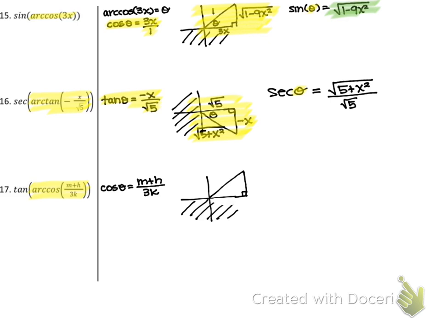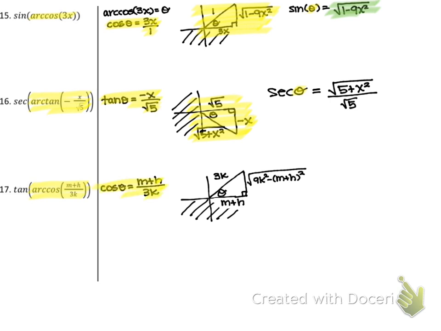So I'm going to put it where cosine's positive. This is the theta I'm creating. It's adjacent over hypotenuse. Do the Pythagorean theorem. It's going to be hypotenuse squared minus leg squared, square rooted. Don't even mess with the math.